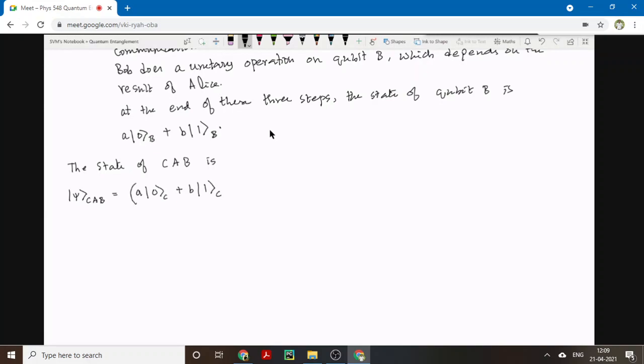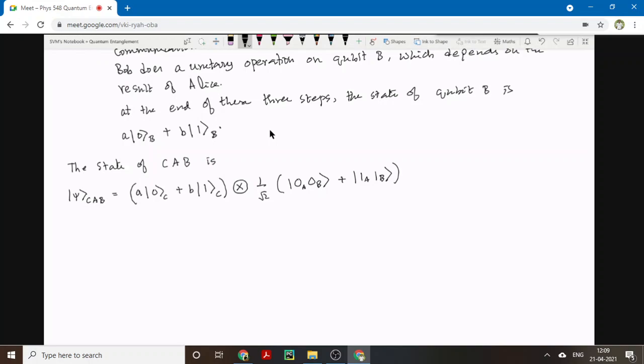This is the state of C, and product 1 by root 2 of 0A 0B plus 1A 1B. This is the state of AB. It's a product of C with AB. AB cannot be written as a product state because this is an entangled state, but this is a product state.